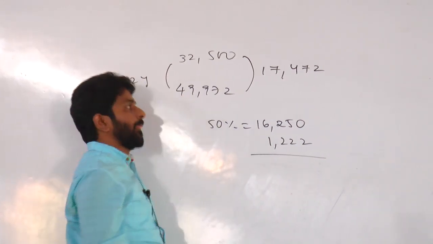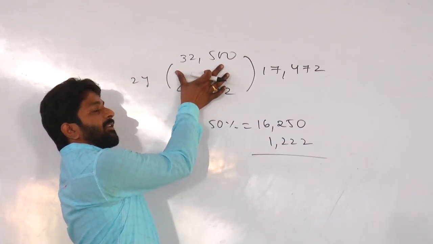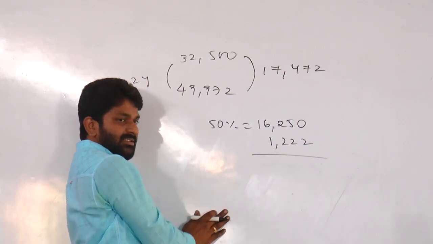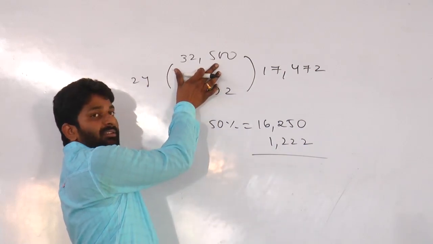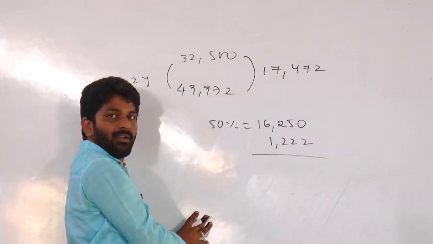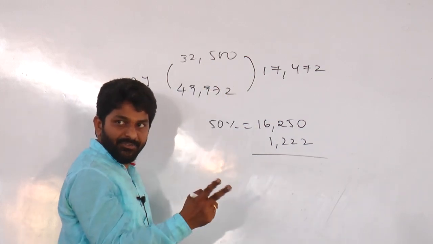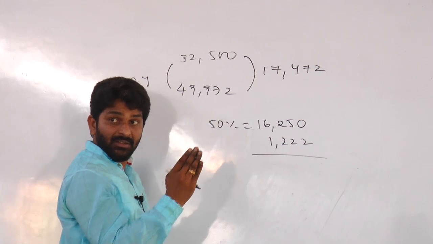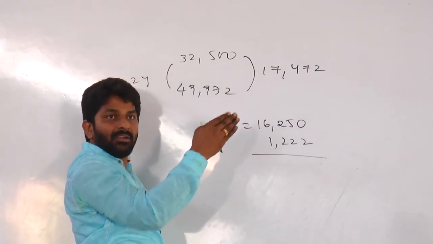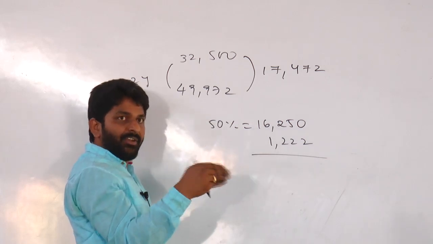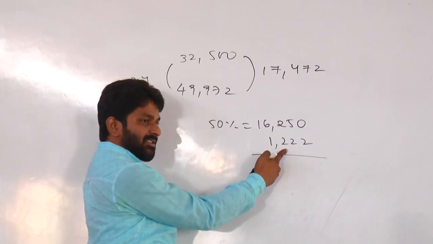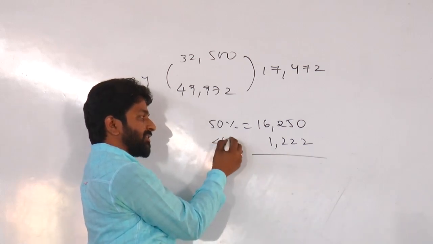Clear? 1% of this number is 325. 325 double, 2% is 650. 4% again double, 1,300. Wait a minute. 1,222 is less than this. Hence this is less than 4%.